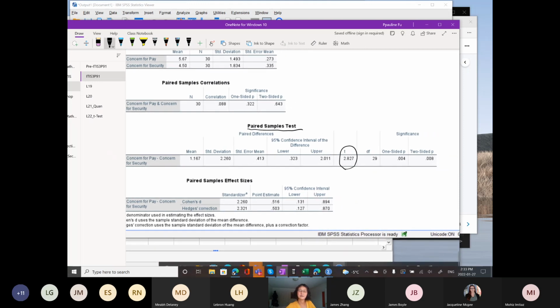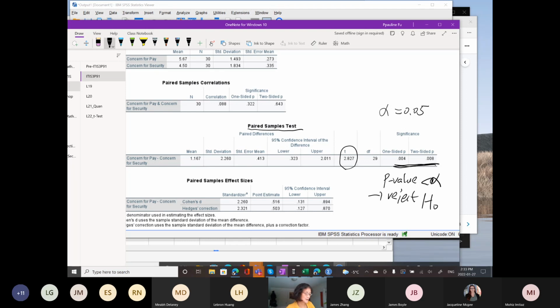And where is the p-value? If it is one-sided, it is 0.004. If it is two-sided, 0.008. Anyway, those are the p-values. If you are given alpha 0.05, those p-values are smaller than alpha. When the p-value is smaller than alpha, you reject H0.